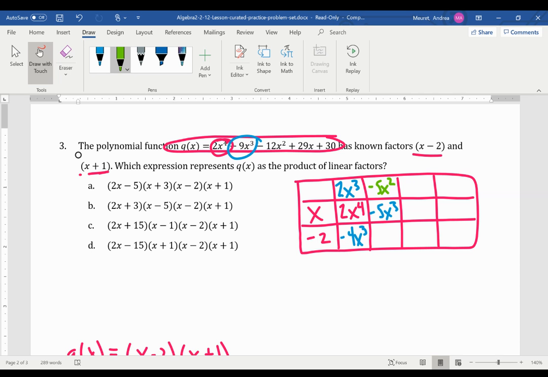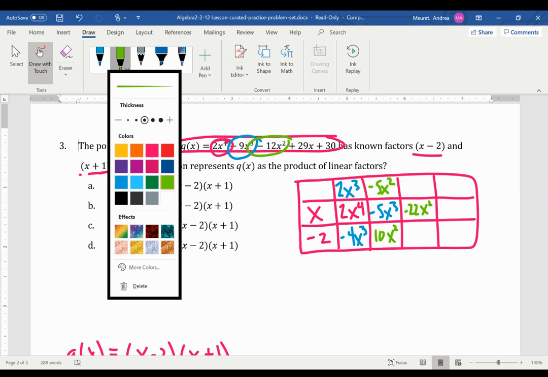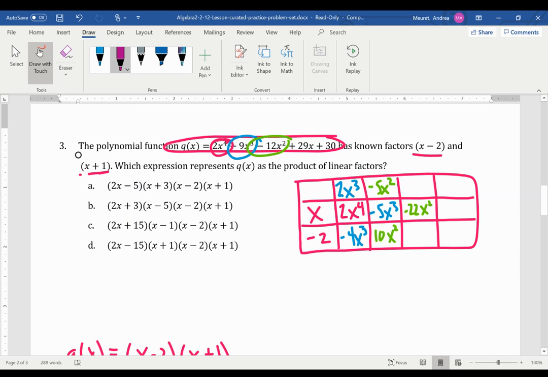Negative 5x squared times negative 2 gives us 10x squared. And our next target after that is negative 12x squared right here. Okay, so to get a negative 12x squared, this has to be negative 22x squared, so that when they get added together, we get the negative 12x squared. Okay, and so in order for that to happen, you guessed it, there has to be a negative 22x up here.